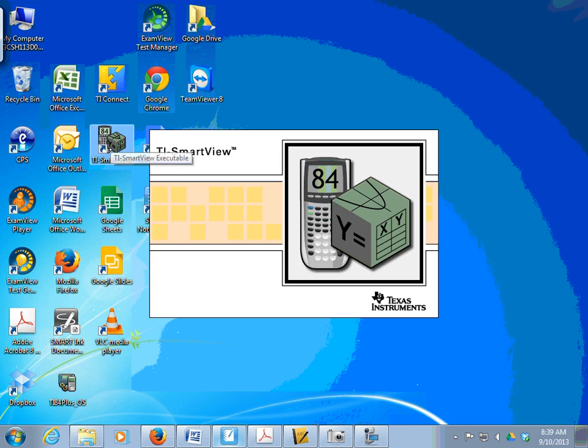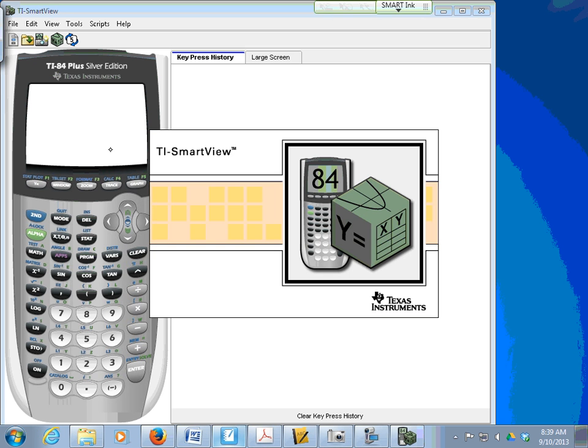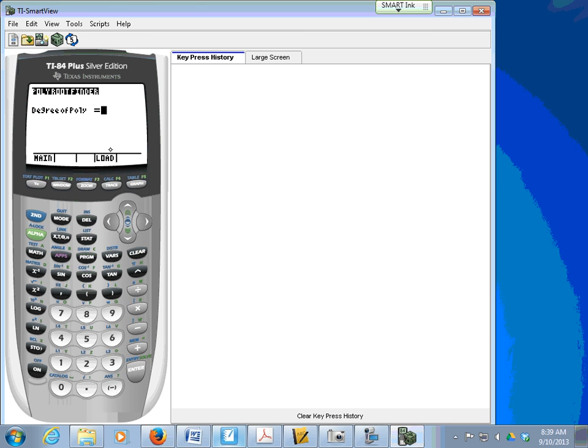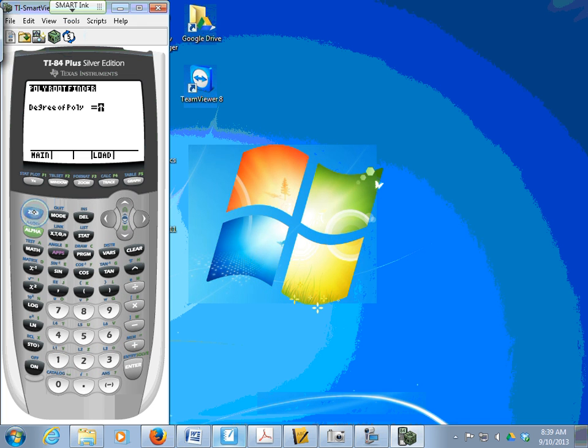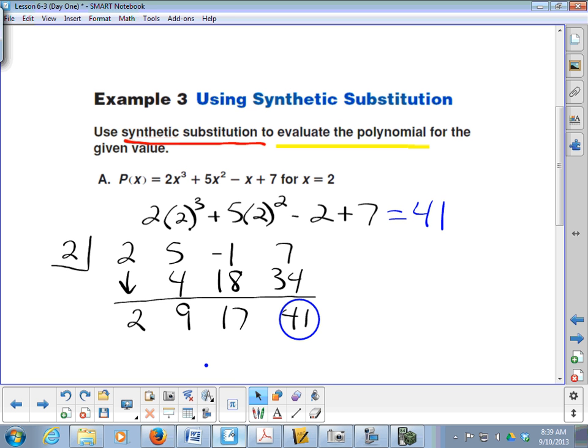There we go. Okay, so put in 2x cubed plus 5x squared minus x plus 7. Put that in your y equals.